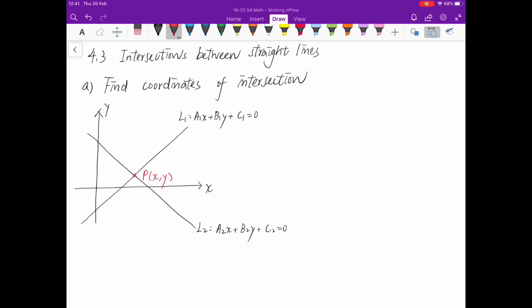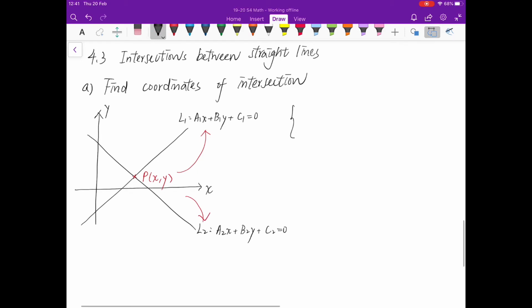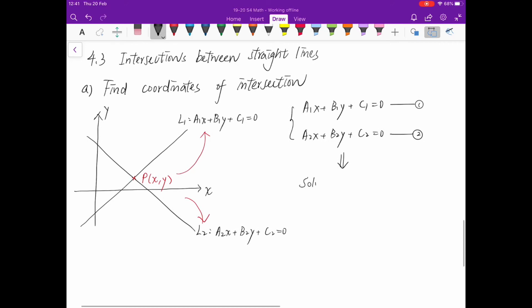Again, this point belongs to both L1 and L2, and therefore we have two equations: a1x plus b1y plus c1 equal to 0, and for L2, a2x plus b2y plus c2 equal to 0. They are equation 1 and equation 2. So in this section, the technique is to solve simultaneous equations.